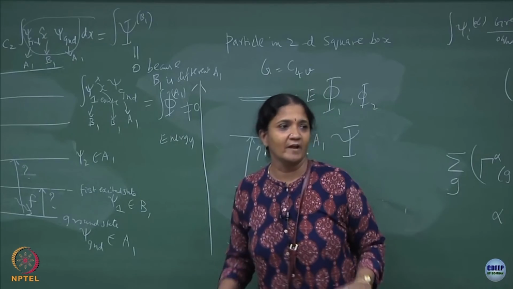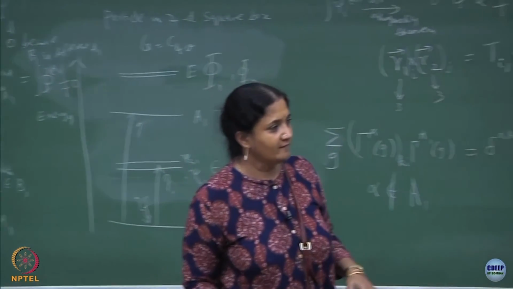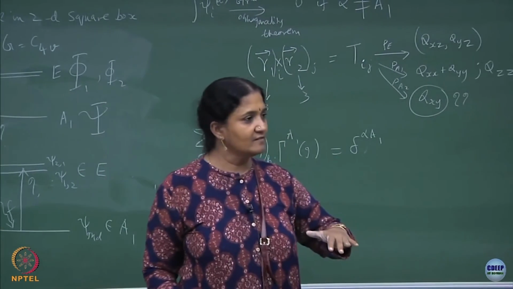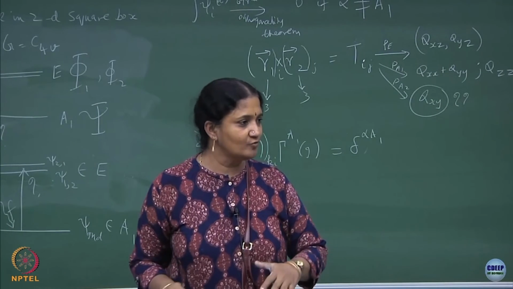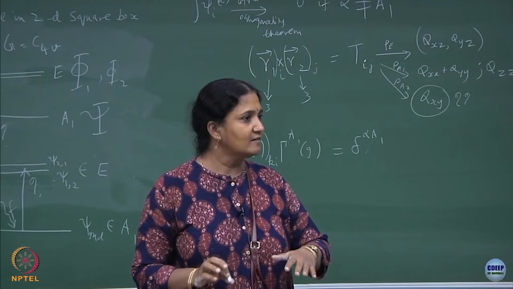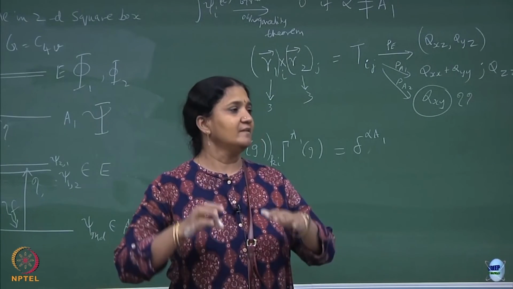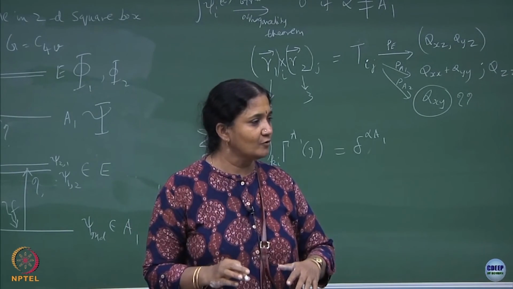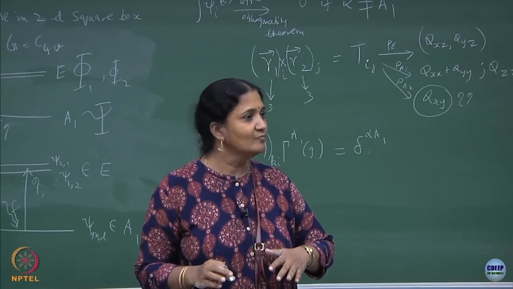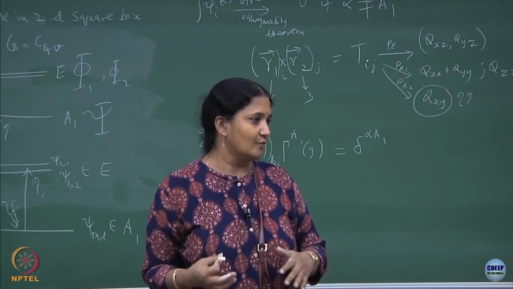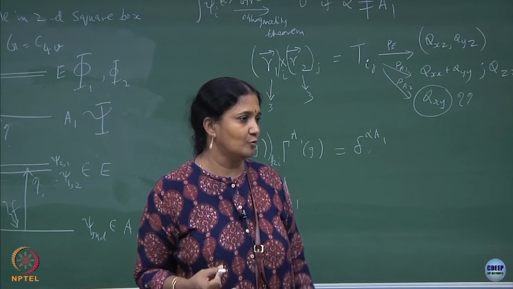So, what have I tried to prove for you? That there is a transition allowed to go from ground state to first excited state triggered by the x component of the dipole moment operator, but there is no transition possible to go from ground state to second excited state, for example, triggered by the dipole moment operator.